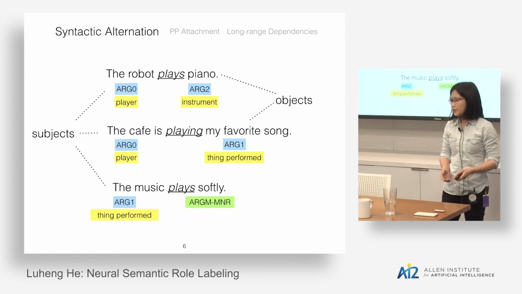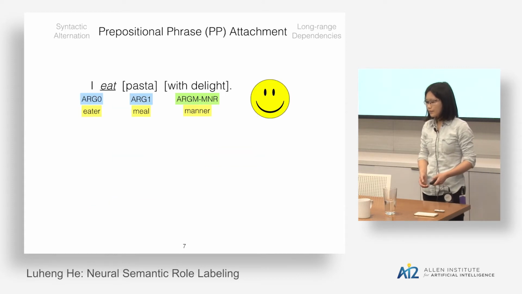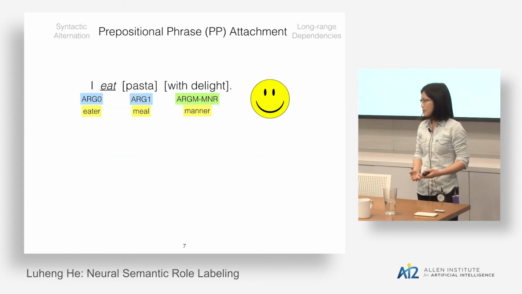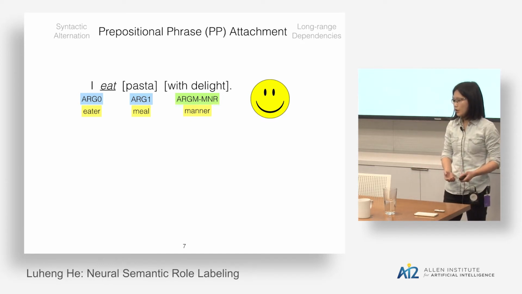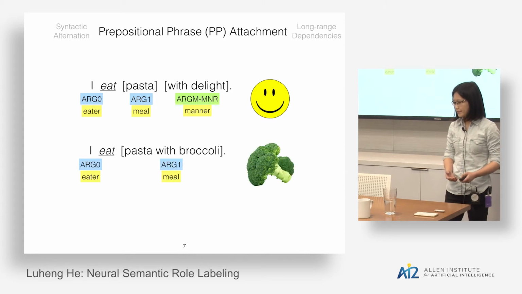In order to predict the semantic roles accurately, the model needs to consider the lexical context or the sense of the verb, etc. This brings up another problem, which is the prepositional phrase attachment issue. If I say, I eat pasta with delight, the prepositional phrase with delight modifies the verb eat, and it describes a kind of manner of eating.